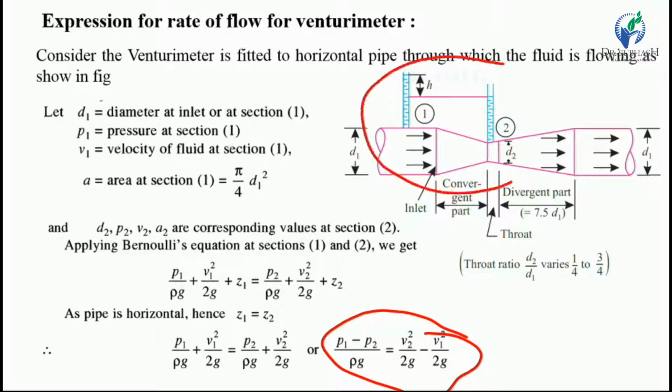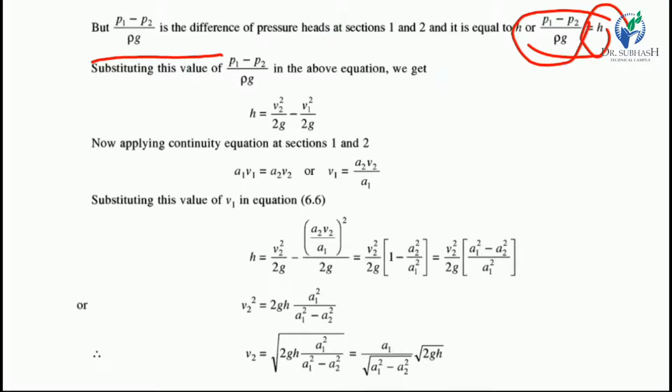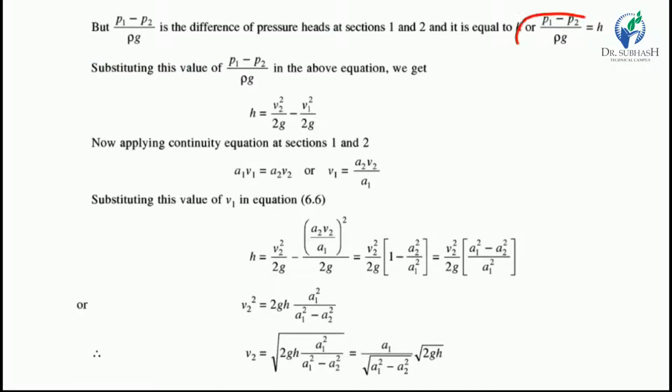We see from the figure that the difference in pressure at section 1 and section 2 is defined by h. So the equation is written as h is equal to V2 square upon 2g minus V1 square upon 2g.